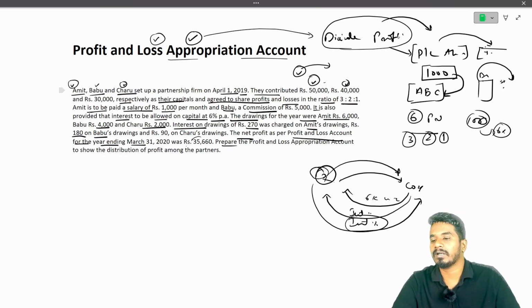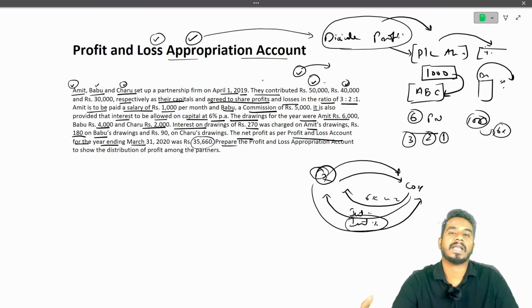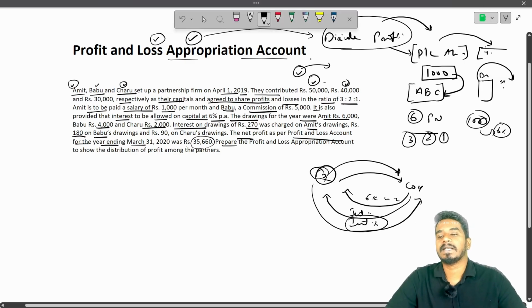Whatever profit we got, we need to distribute after deducting the salary, bonus, whatever we need to pay to the partners. So after that deduction, whatever profit is left, we need to divide among the partners. That's it. Right. So let us start solving.